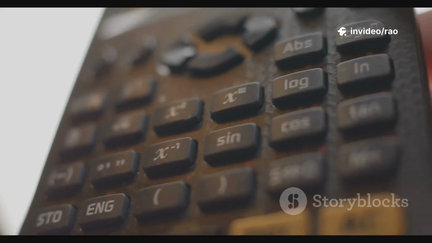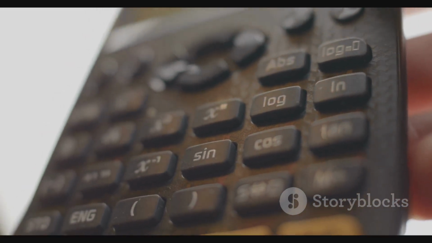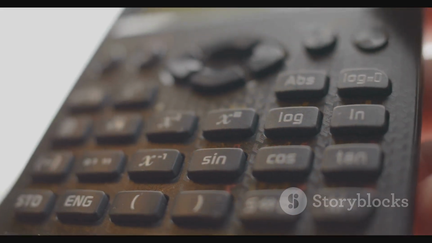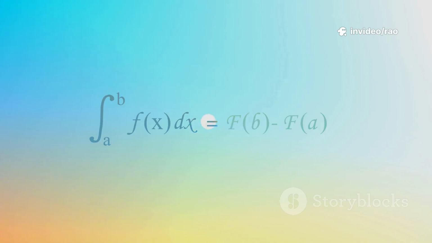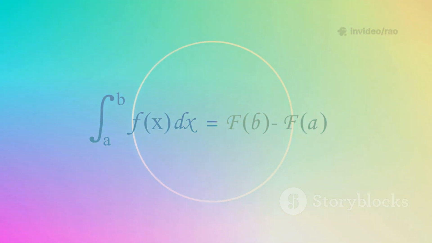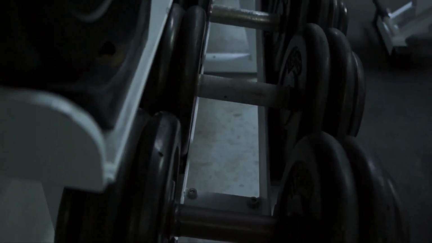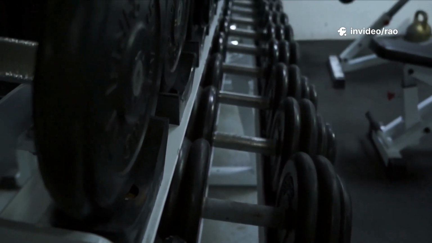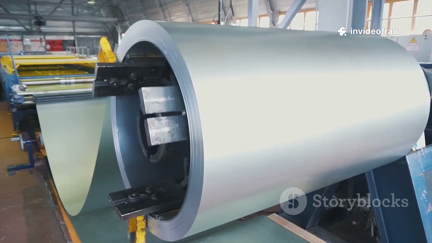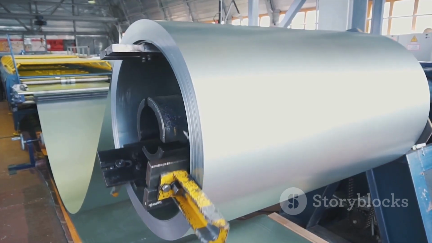Weight of distribution bars equals 90.72 meters times 0.8889 kilograms per meter equals 80.64 kilograms. Total steel weight equals weight of main bars plus weight of distribution bars. Total steel weight equals 79.17 kilograms plus 80.64 kilograms equals 159.81 kilograms.